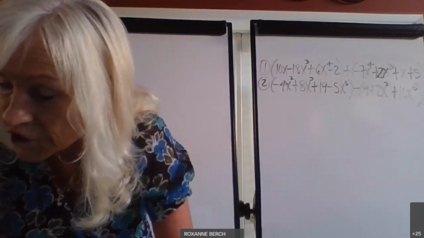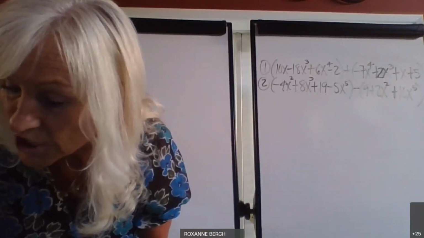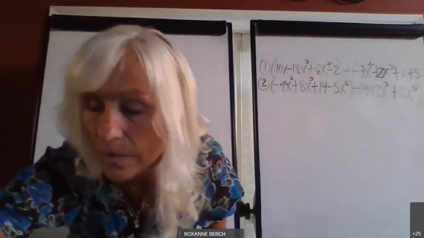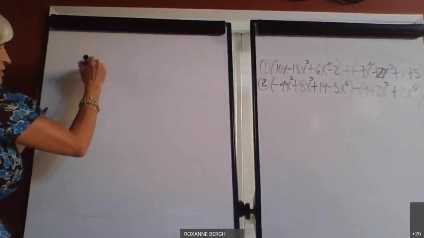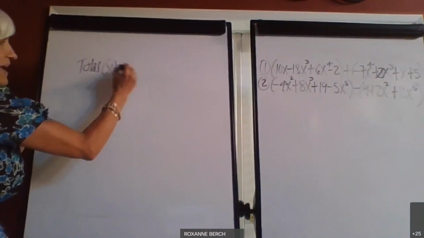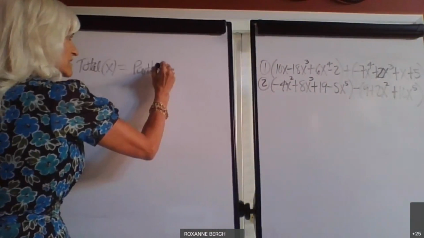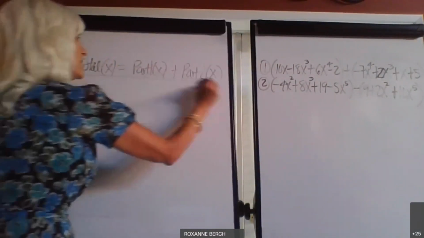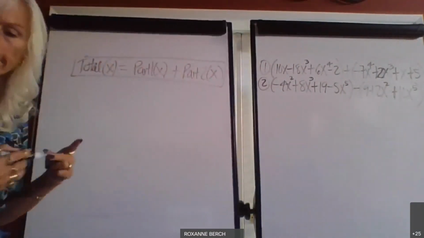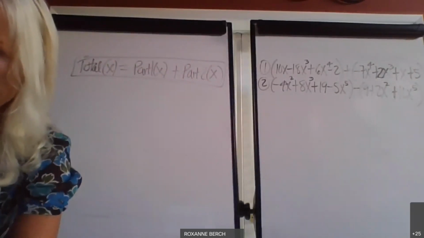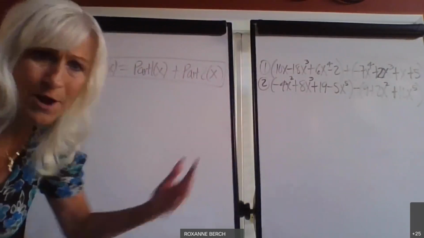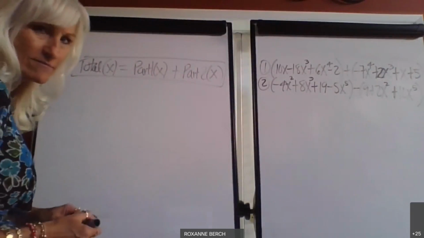And so if two polynomial functions model equations that are two parts of a whole, couldn't you have a total in terms of x equal to part 1 of x plus part 2 of x? Which is an addition problem. And I could write my own equations from this if I felt like it.